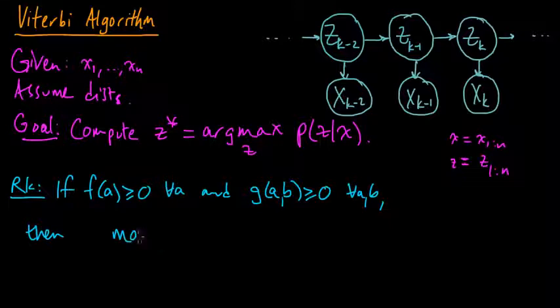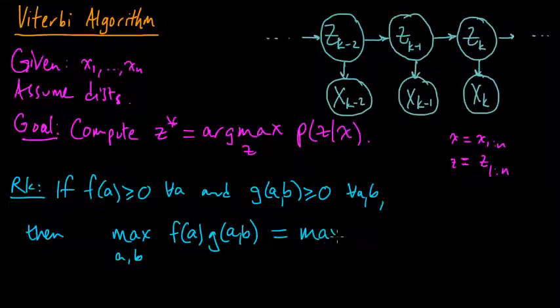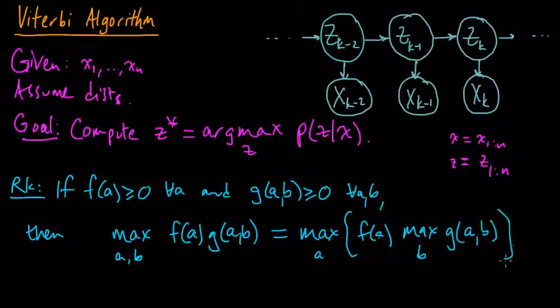The max over all a and b of the product of f of a and g of a and b equals the max over a on the outside of f of a times the max over b of g of a and b. So in other words, we can pull out the f of a from the inside max, from this max over b.